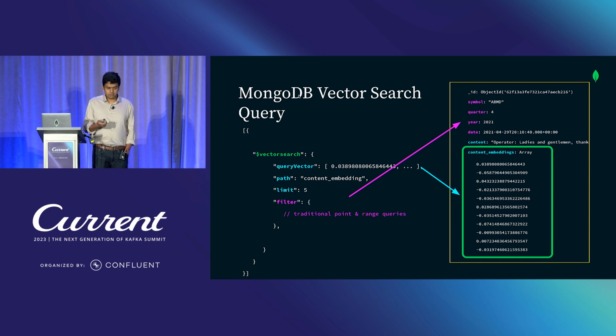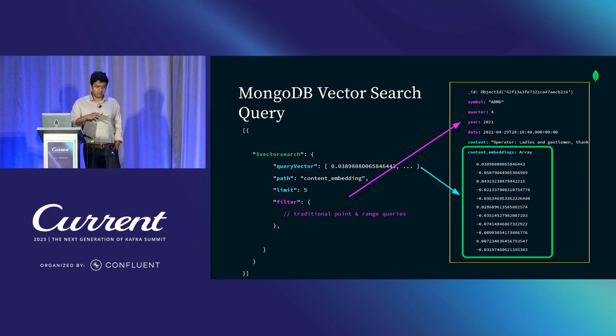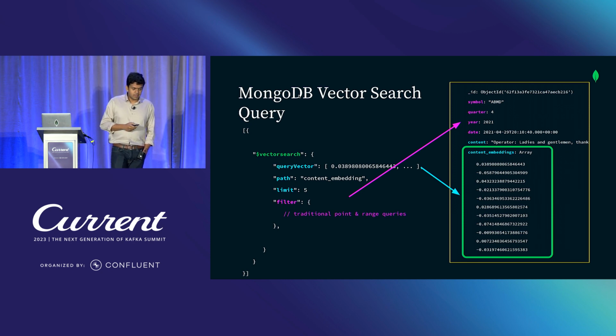And alongside this, you can pass on your traditional point and range queries. So maybe give me all the movies which are sentimental but released before 1970. So 1970 exact match is something you would want date, and the semantic piece is something it would automatically recognize without you having to do anything.